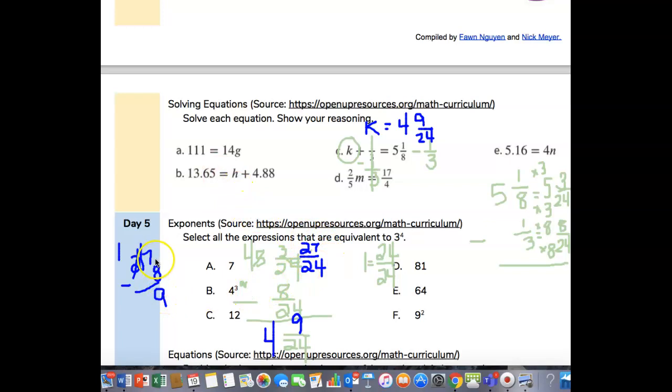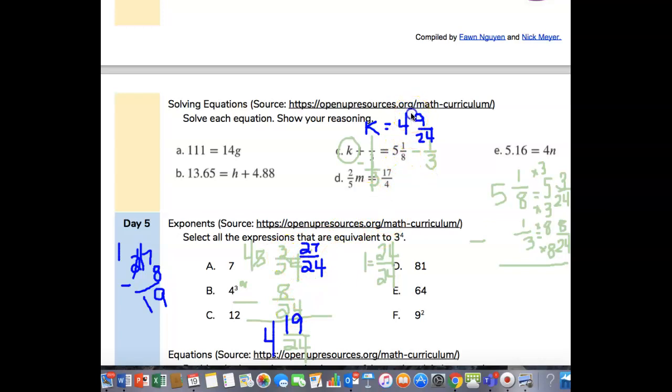I did not. Look at this. 17 take away 8 is 9, but I didn't do this: 1 take away 0 is 1. So see, teachers make mistakes too. You always have to go back and check your work. And when I looked back, I saw that didn't really make sense because 9 plus 8 is not 27. 19 plus 8 is.